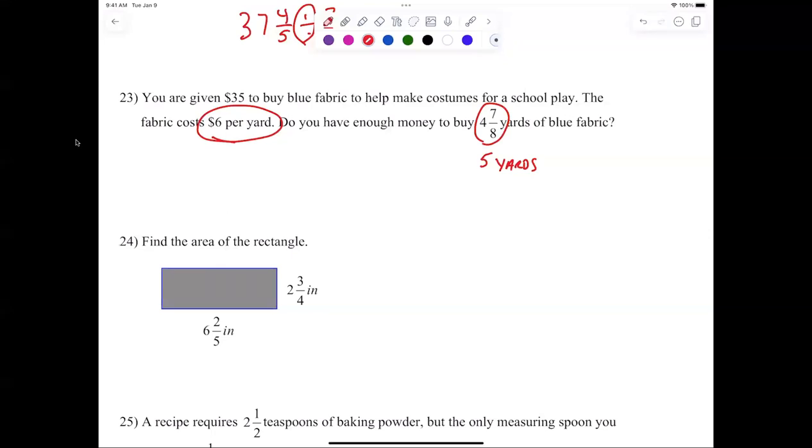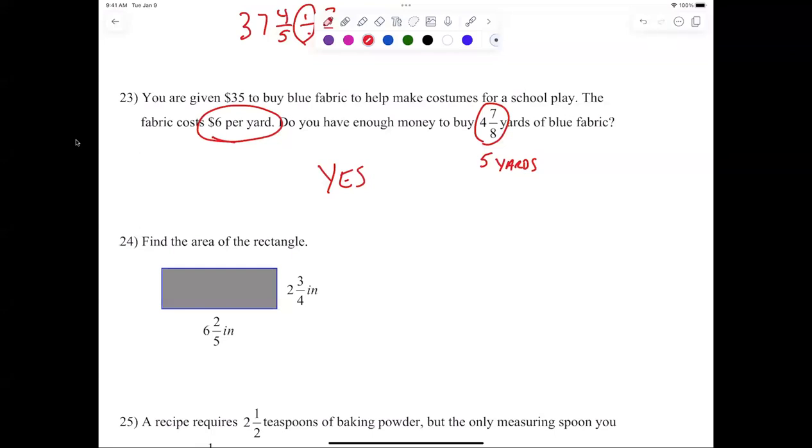If it's 4 7/8, you have to buy 4 7/8 yards. It's $6 per yard. What am I going to do? Yeah, multiply that. 6 times 4 7/8. 29 and 1/4. Do you have enough money? No, you have $6. Oh, no, you do. You do. Yes, very good. Yes, you do have enough money.